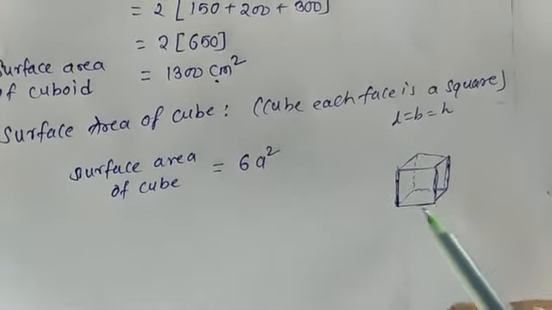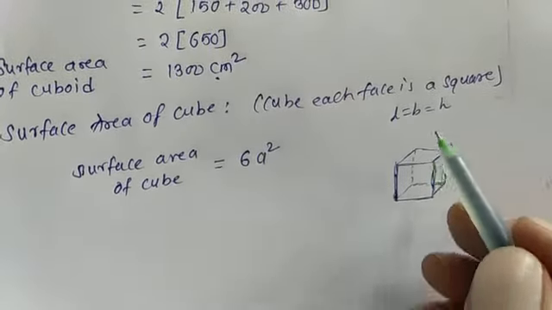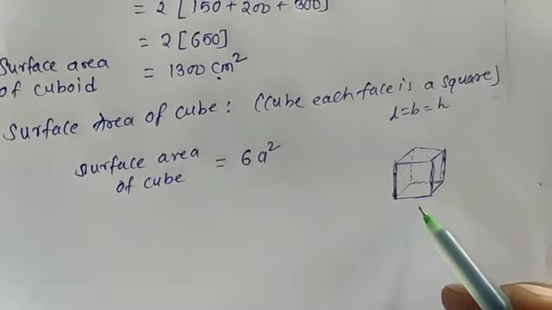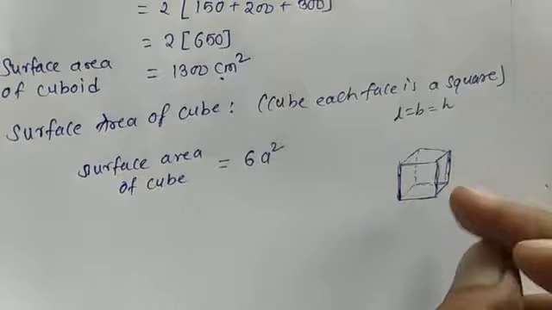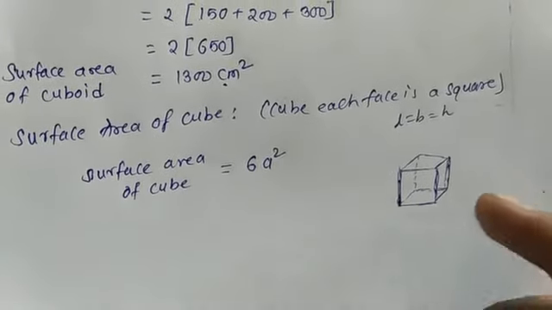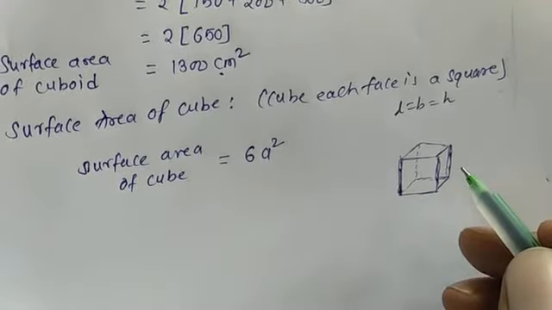Now if the upper side and lower side of the cuboid are open, that means it does not consist of the upper and lower side, then that area is known as the lateral surface area.